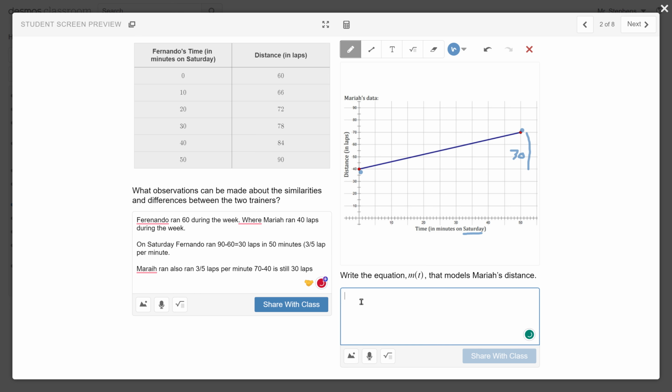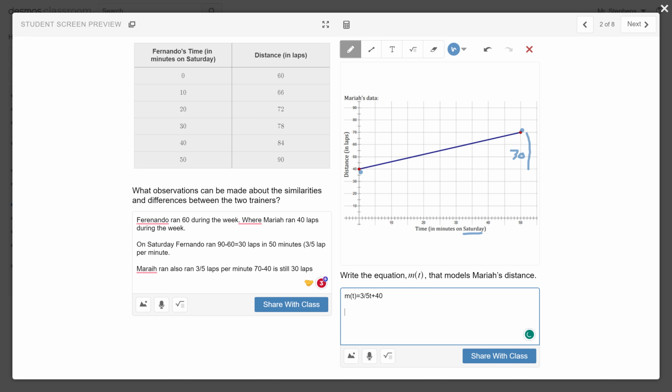Write the equation that models Maria's distance. That's easy. We have an initial value of 40. So we're going to say y equals 3 over 5 t, so we want a function M of t, plus 40.